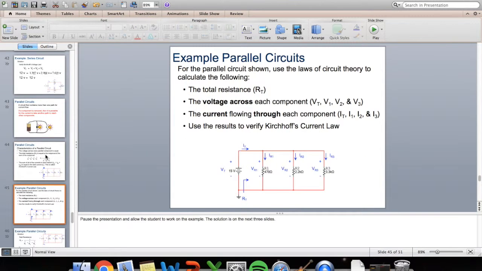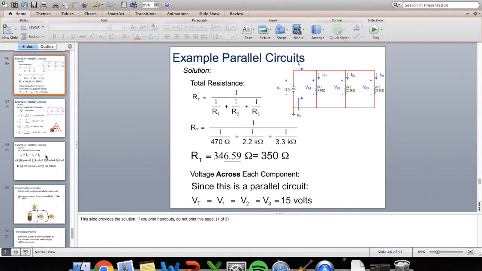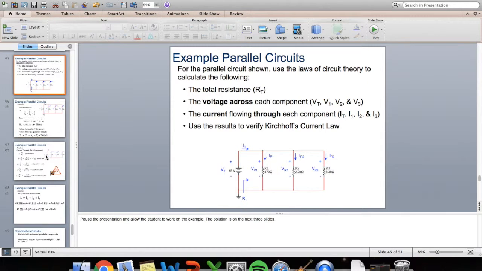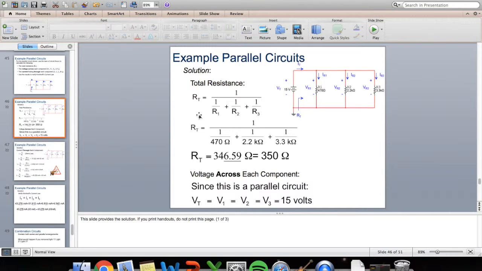Series circuits, parallel circuits. Now, parallel circuits are much more complicated. The resistances are rather different. Here is the total resistance: we have 1 over 470, 1 over 220, 2,200 ohms and 3,300 ohms, and you add them up.